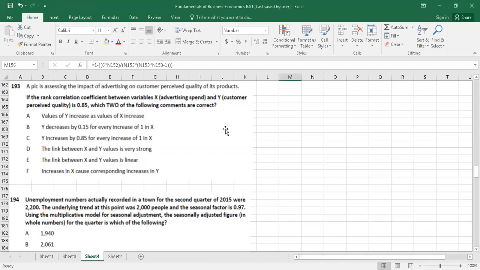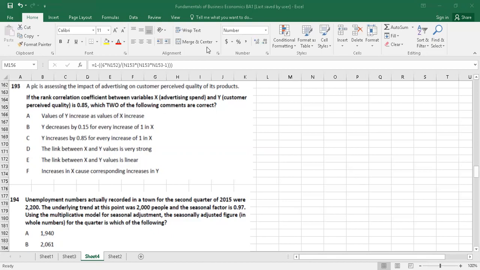So that is the point we have to remember. Since the r value is plus 0.85, when one variable increases, the other variable also increases. So A can be correct.